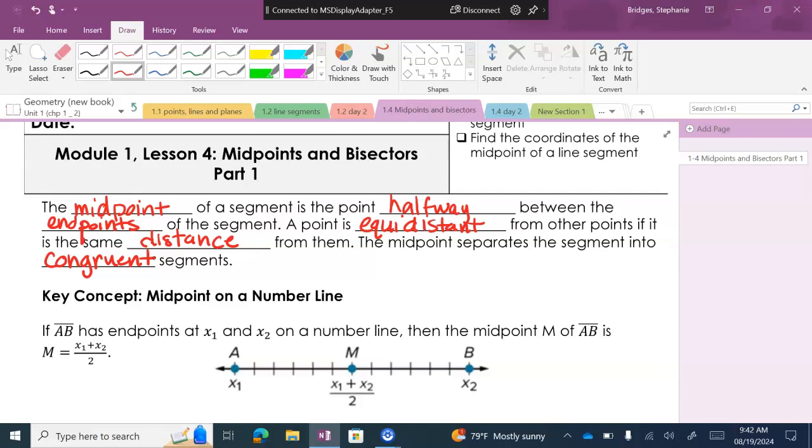Does that make sense? Okay, like this: 1, 2, 3, 4, 5, 6, 7, 8, 9, 10, 11, 12 units away, right? So its midpoint would be 6 units away. So I would just go back to the beginning and count 6. 1, 2, 3, 4, 5, 6. And that's where M should be. So one of two ways. You can either add the endpoints and divide by 2, or you can just count it off.